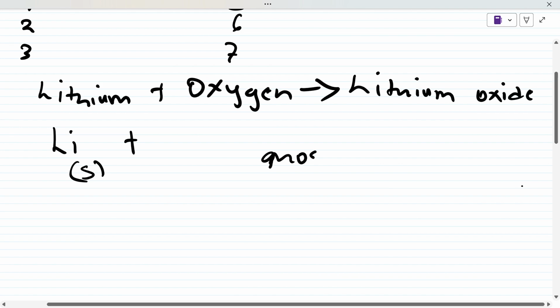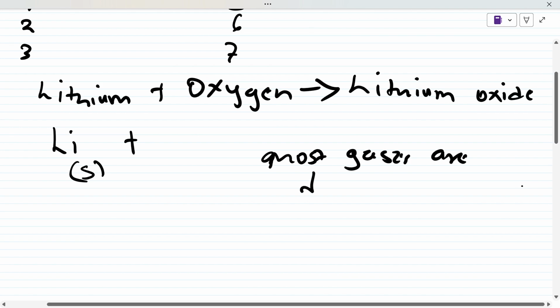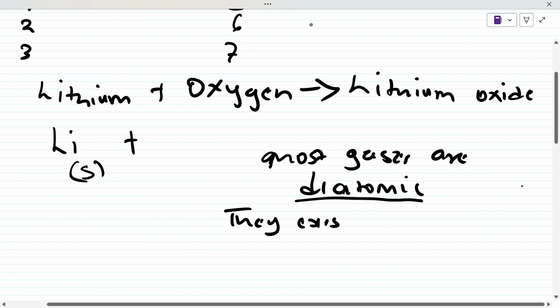Most gases are diatomic. I know someone is asking, Timura has said, what is the word diatomic? It's simple. Diatomic means they exist in pair.